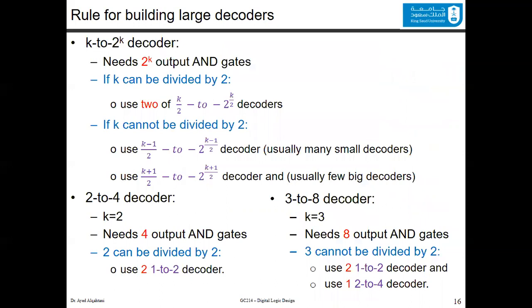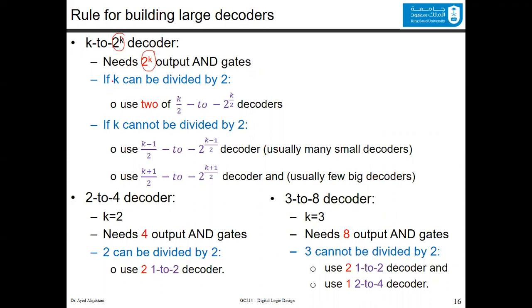So to generalize this idea, the rule for building larger decoders could be: if you have a k to 2 to the power of k decoder, you will need 2 to the power of k output AND gates, which are tied to the outputs. Now you check the input.